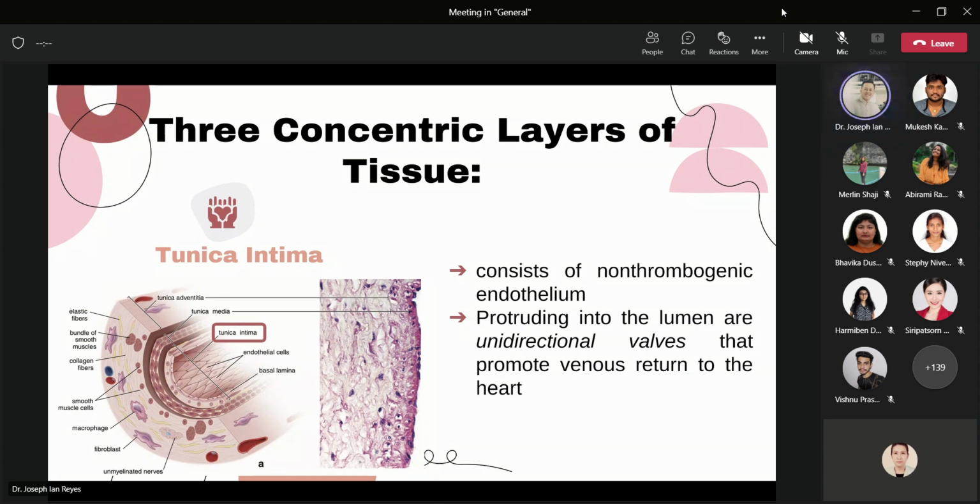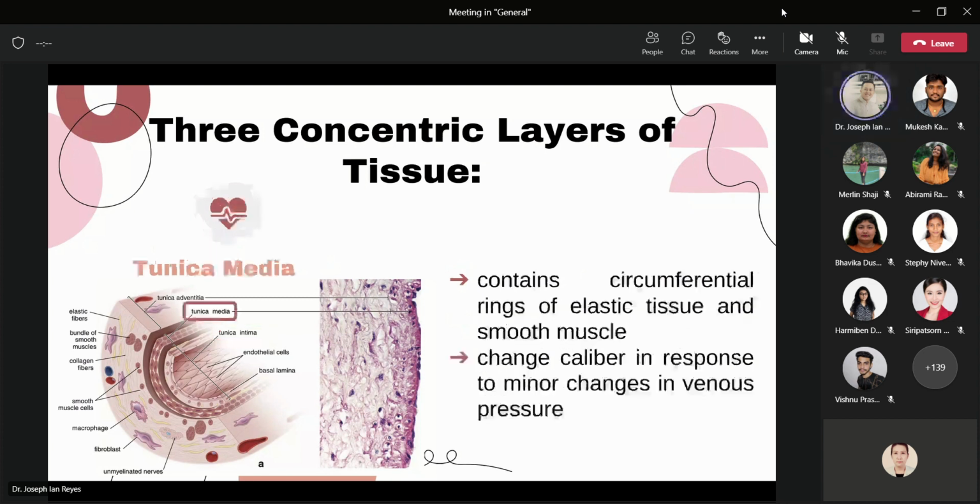Then your media contains circumferential rings of elastic tissue and smooth muscle. It helps in accommodating the blood that goes into that layer of the vein, changing caliber in response to minor changes in venous pressure. The higher the pressure, the more it distends; at lower pressure, it contracts again.